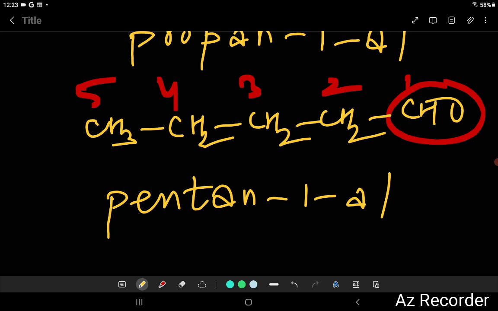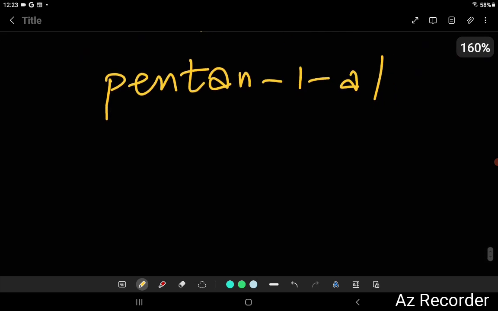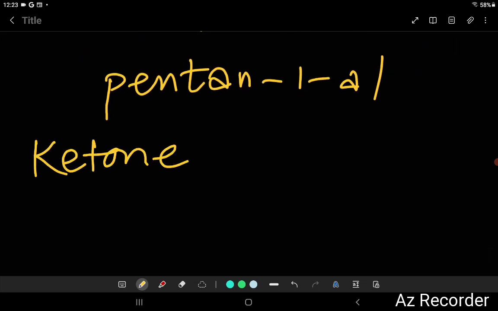Moving towards the next group, that is called ketone. Ketone group. This is a little different from the aldehyde group. How will you justify whether this is aldehyde or ketone? Ketone means single bond C, double bond O, and single bond.